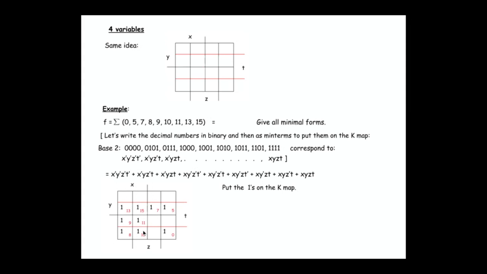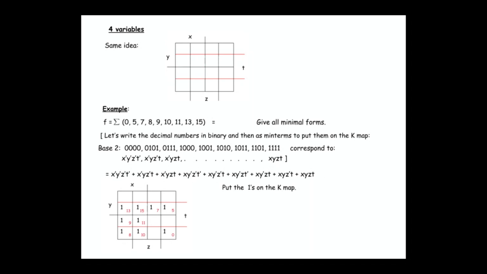Then z, this area. And then t is this one. So we got this as square 11. So we have our 9 ones on the map. Any questions so far?